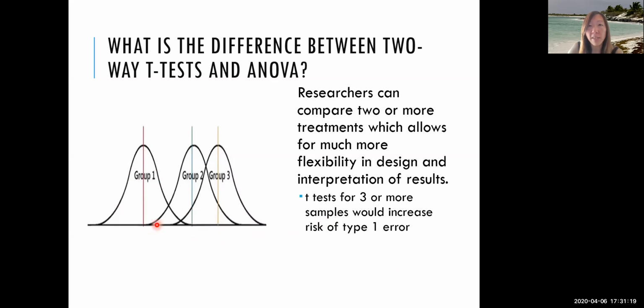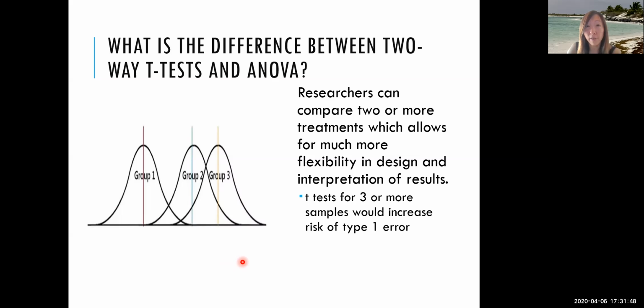So if you remember with the independent t-test, you're comparing 2 groups and set an alpha of 0.05. Well, we'd be setting an alpha of 0.05 for every combination of 2 groups for the t-test. So that's going to increase our chance of type 1 error, in other words, saying that we have an effect when really we don't, saying that there are significant differences between the means when really there is not.